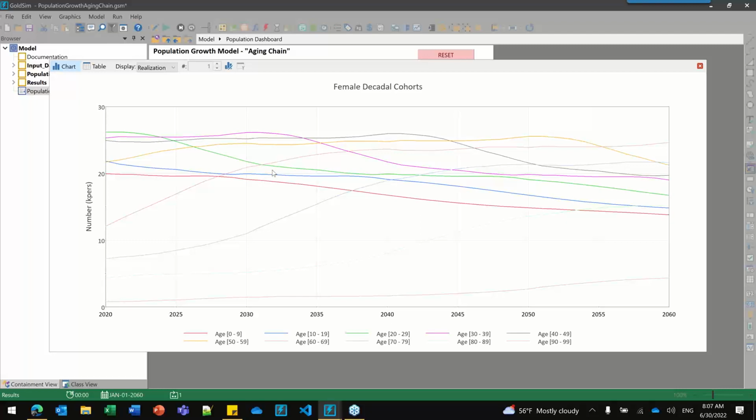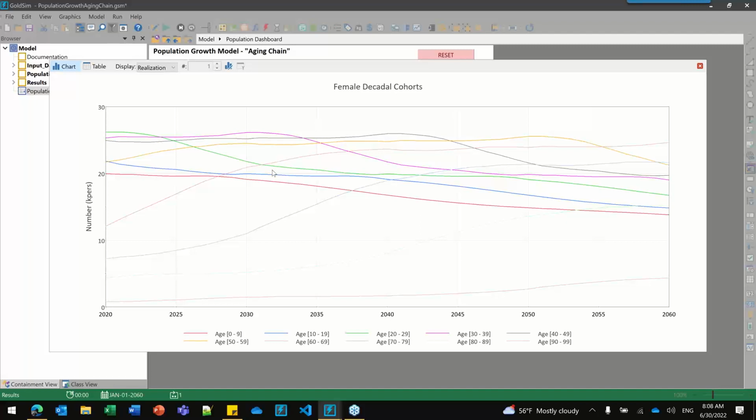The model itself is simulating cohorts of 1 year, actually. So it's modeling every single year as a separate cohort. And when I say cohort, it means a group. And so we have separated the population into groups of 1 year each, where if you're a 1-year-old, then the model simulates you as a 1-year-old until you become 2, and then you leave that group and you go into the 2-year-old group.